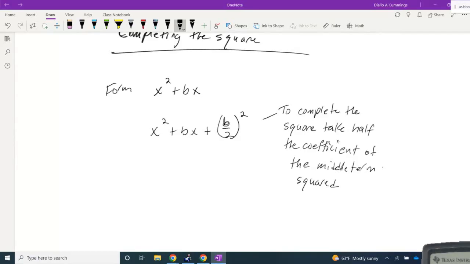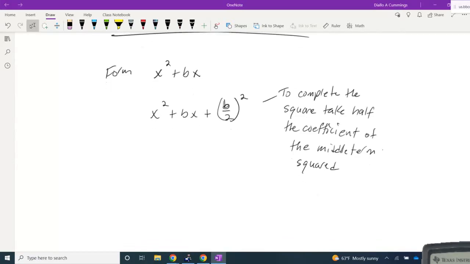Once you complete the square, you force what is called a perfect square trinomial, which can be factored down to a factored form.